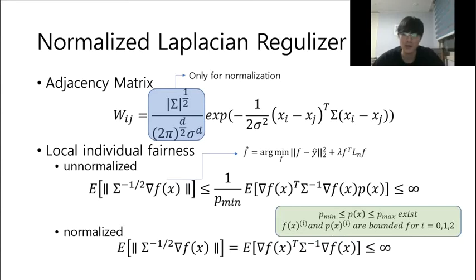So assuming the mean and max value of probability exist, that is p mean and p max, and the objective function and probability function are bounded, and their derivative functions are also bounded for i equals 0, 1, 2, the below equation shows that it also satisfies local individual fairness, because this must not be infinity when this and this are not infinity, with this assumption.